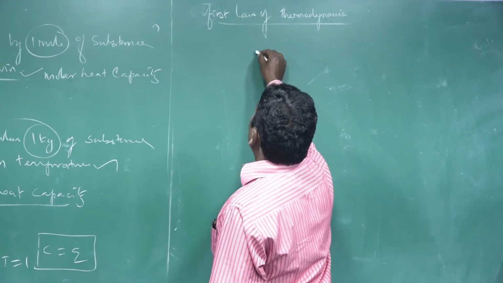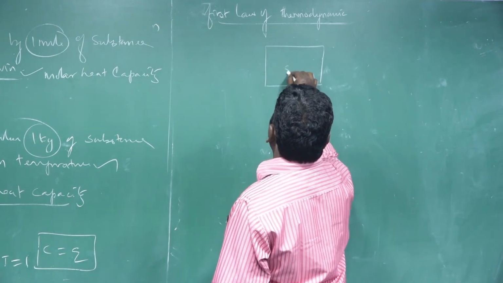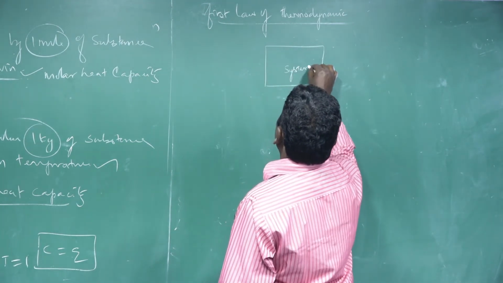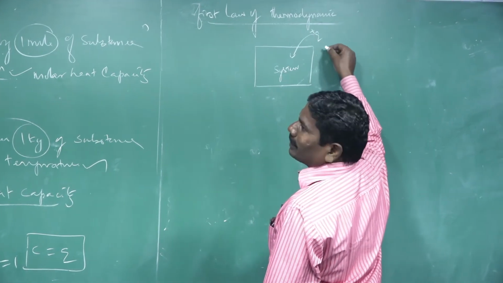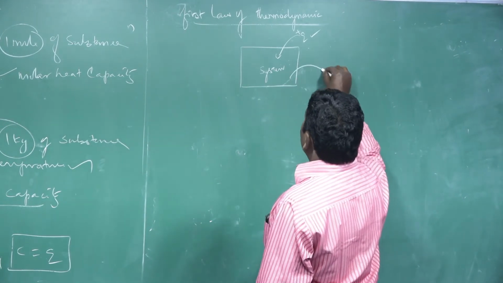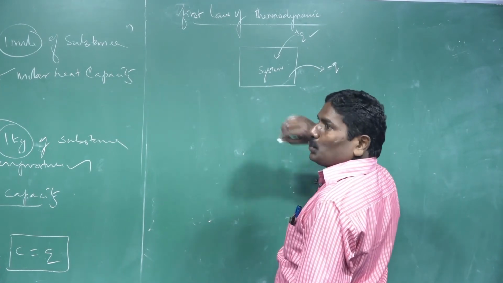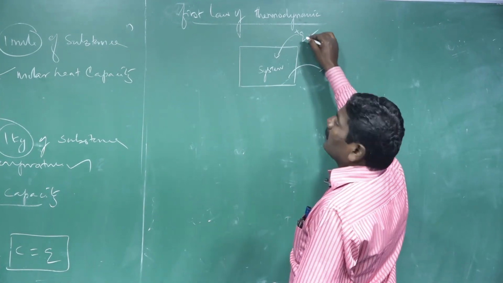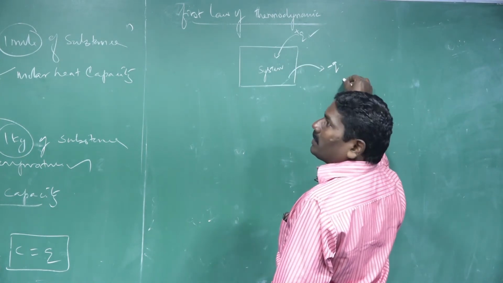There is a point you should understand. If you consider this to be the system, and the system absorbs energy, that is a gain to the system, so we can represent it as plus Q. If the system is liberating that energy, we can write it as minus Q. This is the quantity of heat absorbed by the system, and the quantity of heat liberated by the system.